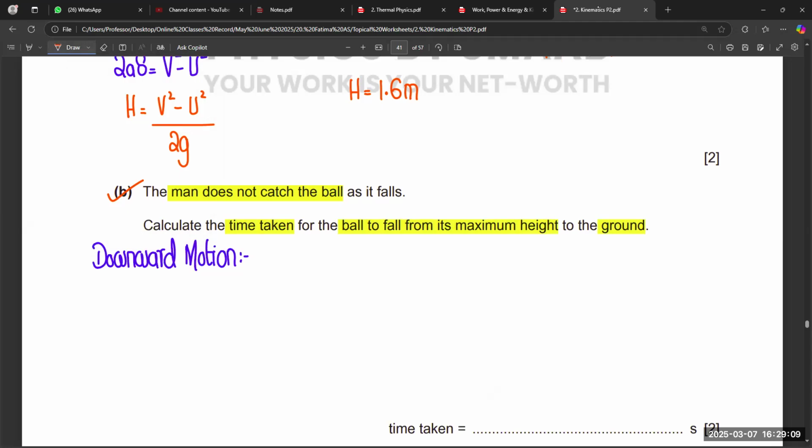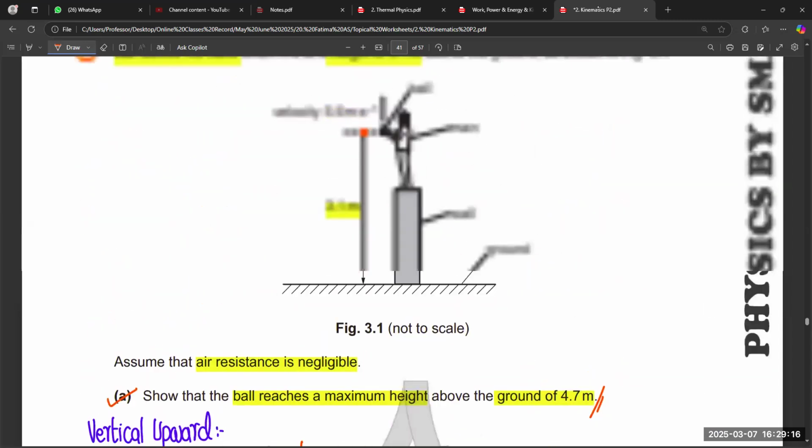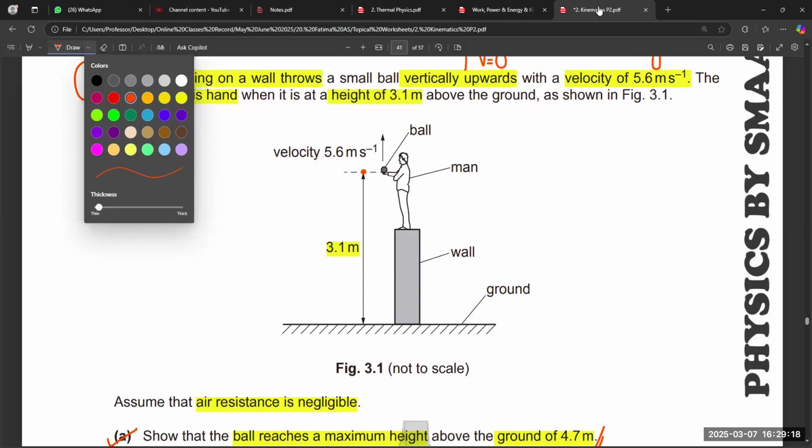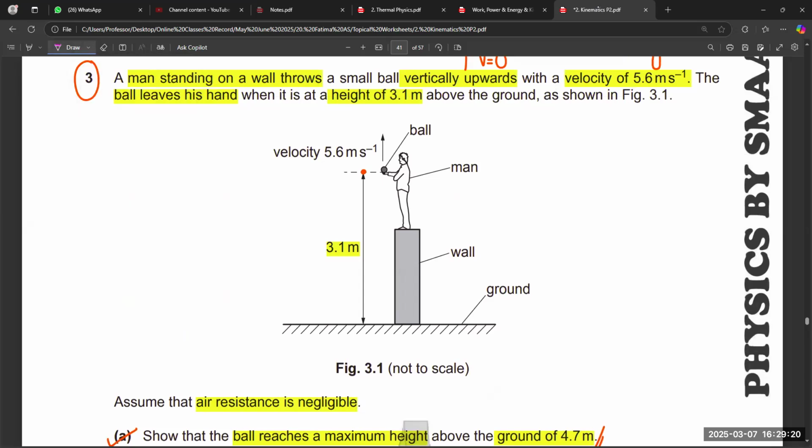So in downward motion, because we are talking about maximum height to the ground, it means we are talking about downward motion. So basically what happens, the ball is thrown by the man. It reaches the vertical maximum height and then moves in downward direction.